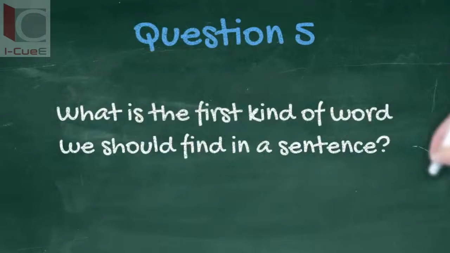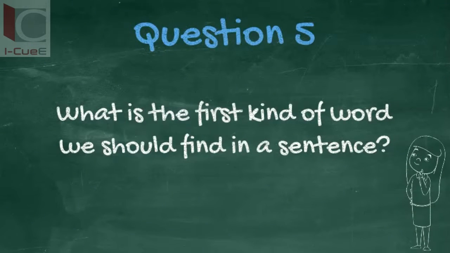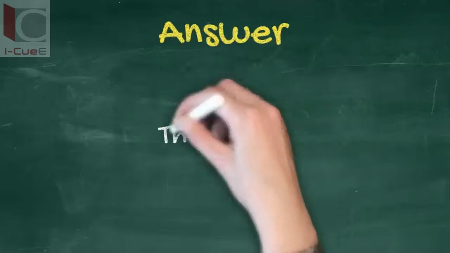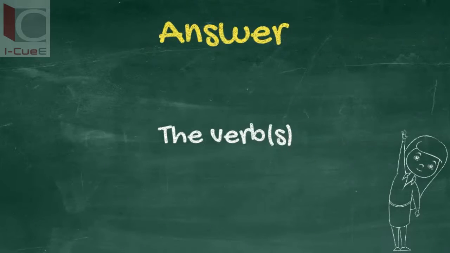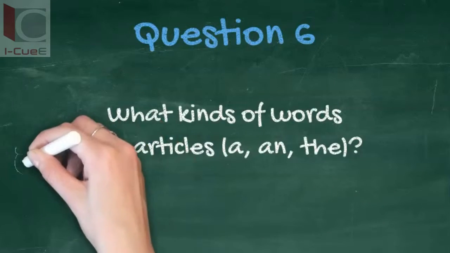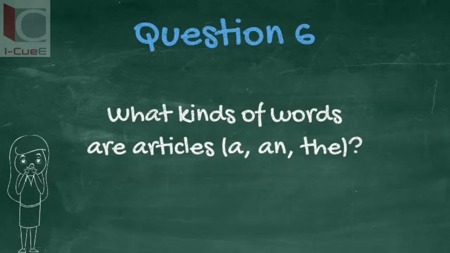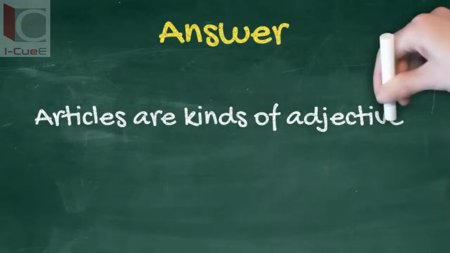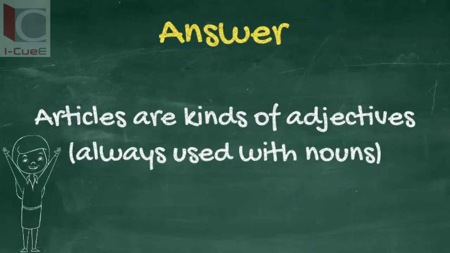What is the first kind of word we should find in a sentence? The verbs. What kinds of words are articles? A, an, the. Articles are kinds of adjectives, always used with nouns.